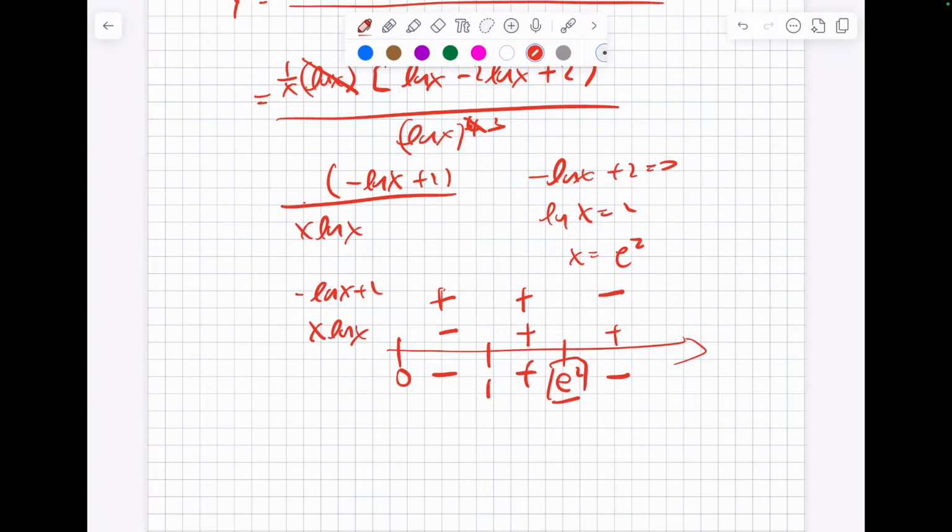What did I make a mistake on? Oh, it's just e squared. 1 is not an inflection point because ln x is on the bottom, and that will be undefined.